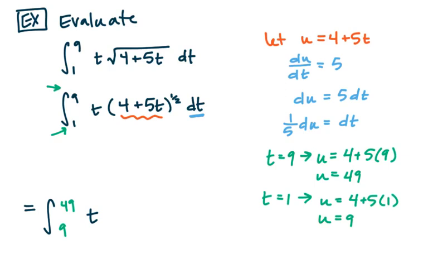I still have this t. What's inside my parentheses, that is u to the 1/2. And then dt is equal to 1/5 du. I have a t in there. I want everything to be in terms of u.